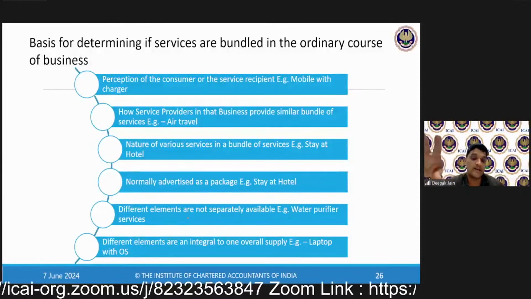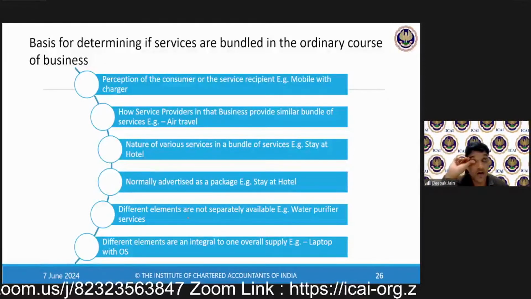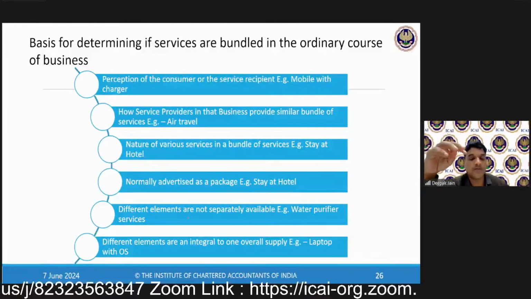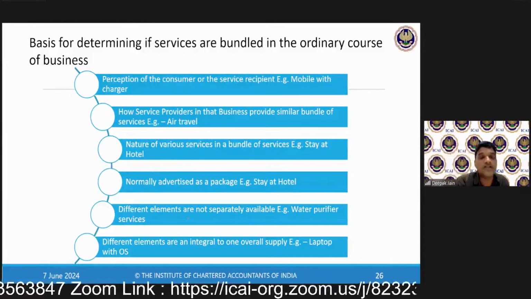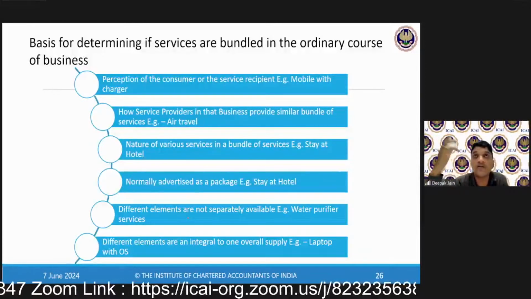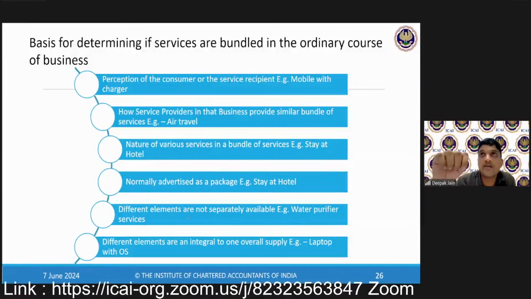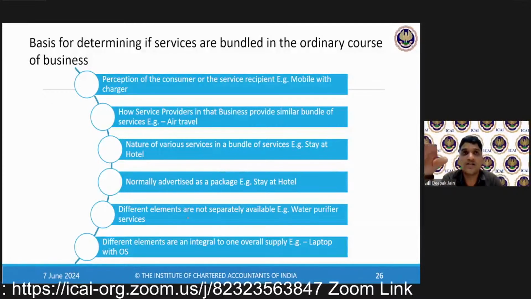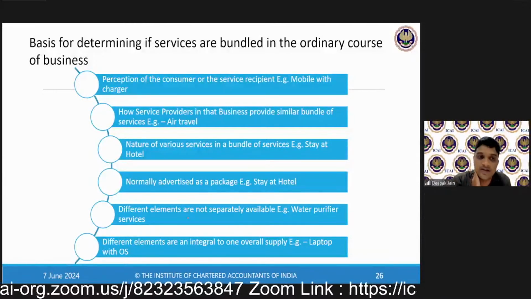When you're doing air travel, the travel agent will coordinate with the airline company and provide you the services. That's how the industry works. You will not have to go and separately find out from the airline. The air travel agent itself will include his charges in such a way that the airline company's charges are also covered.